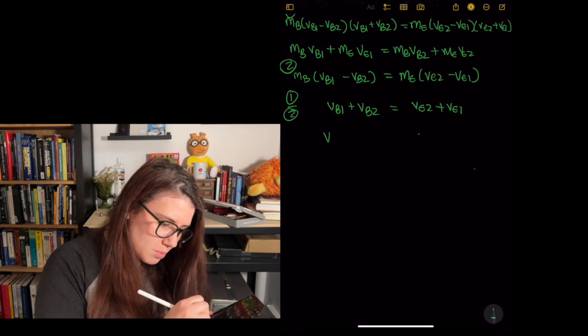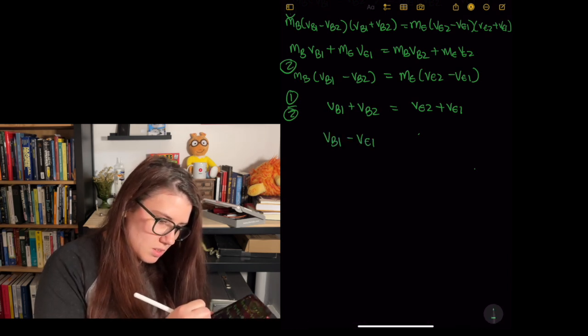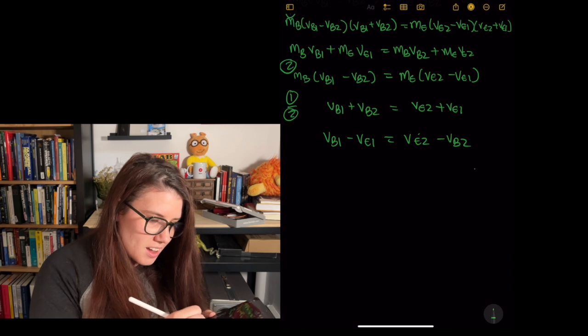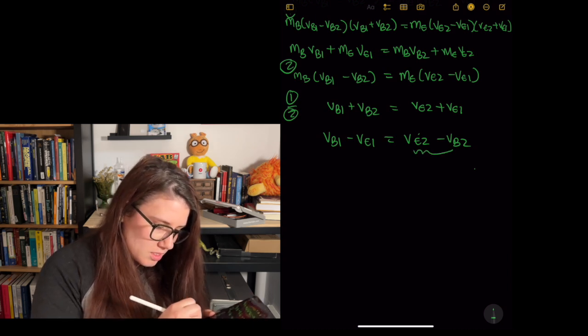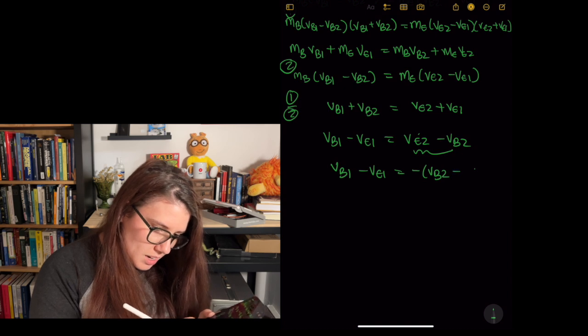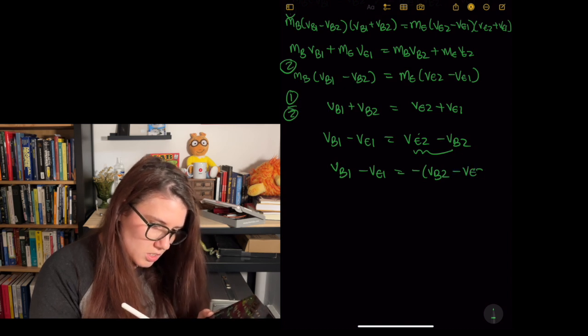So we get VB1 minus VE1 is equal to VE2 minus VB2. And here I want to pull out the negative sign so that VB2 can be first. So we get VB1 minus VE1 is equal to negative (VB2 minus VE2).